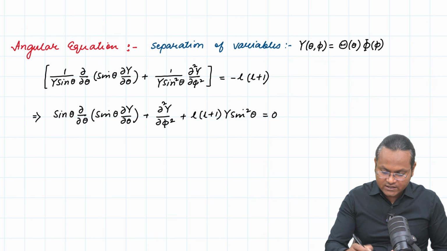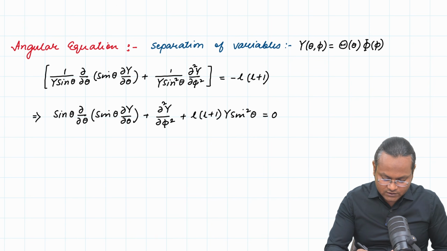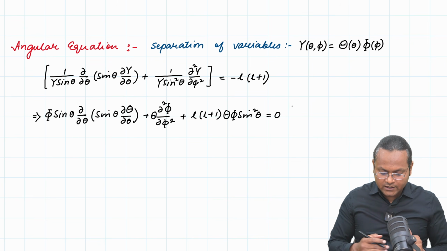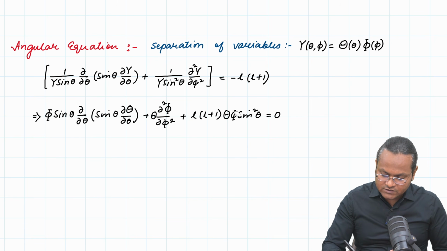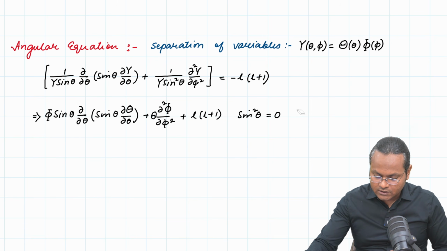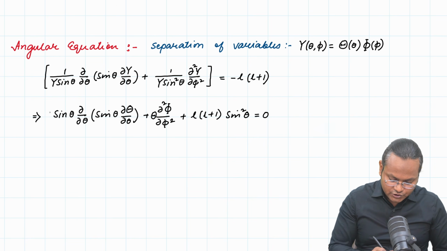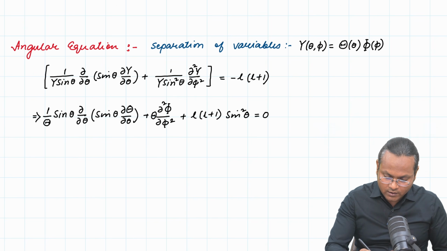Because y is in terms of theta and phi, so further what we can do is, now I want to divide the entire equation by theta function and phi function. If I do that, this term will vanish in the last expression, and in the first and the second expressions, I will be left with 1 upon theta function here and 1 upon phi function in the second term.